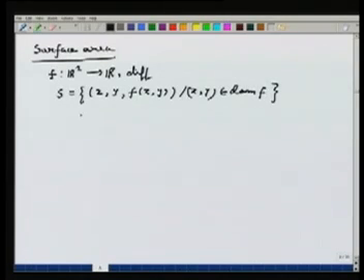So call that function phi. So phi of (x, y) is (x, y, f(x, y)).